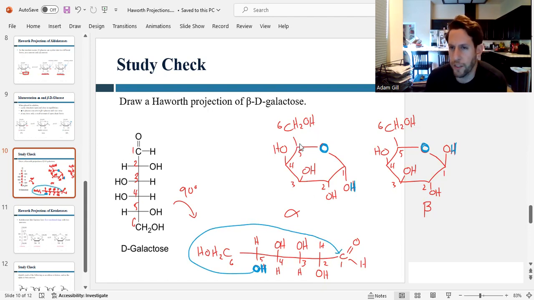So there's no OH drawn off carbon 5 because it turned into this one that closed the ring. So these are our alpha and beta forms of galactose.